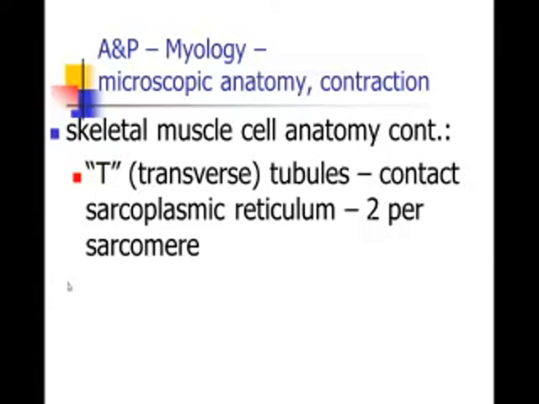These are really important features of skeletal muscle cells because they allow the action potential to pass into the center of the cell quickly. So instead of relying on diffusion in these big cells, which would take forever, we can achieve a rapid dispersal of the action potential, which allows the muscle to contract quickly.